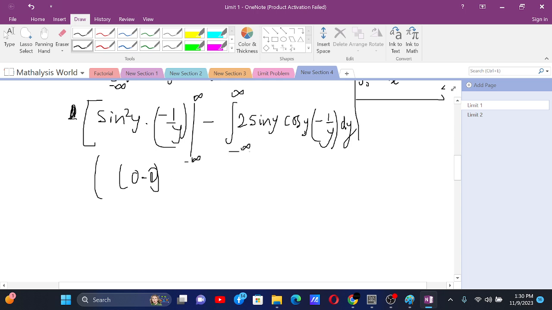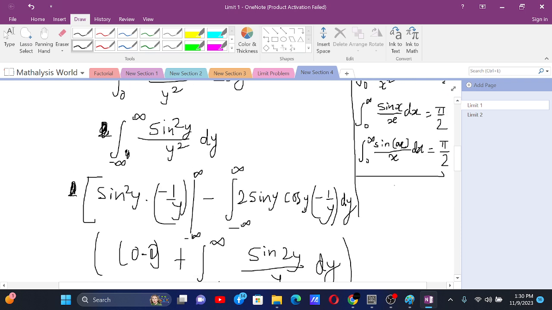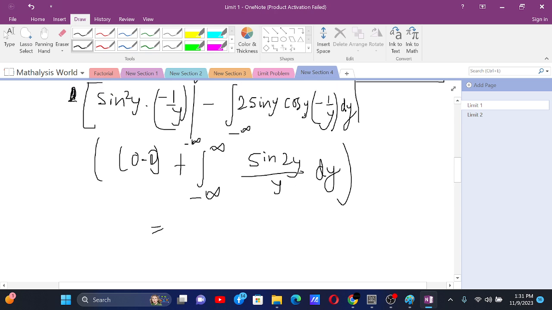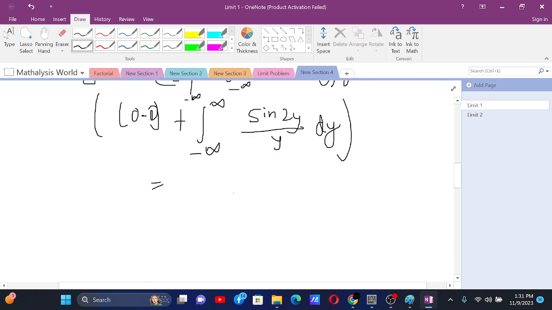Now we can take this minus one outside, which gives us the integral from minus infinity to plus infinity of sine 2y by y dy. This is another form of the Dirichlet integral, sine ax by x dx. This is pi, because for 0 to infinity it is pi by 2, but for minus infinity to infinity it's actually pi. Take care of that.